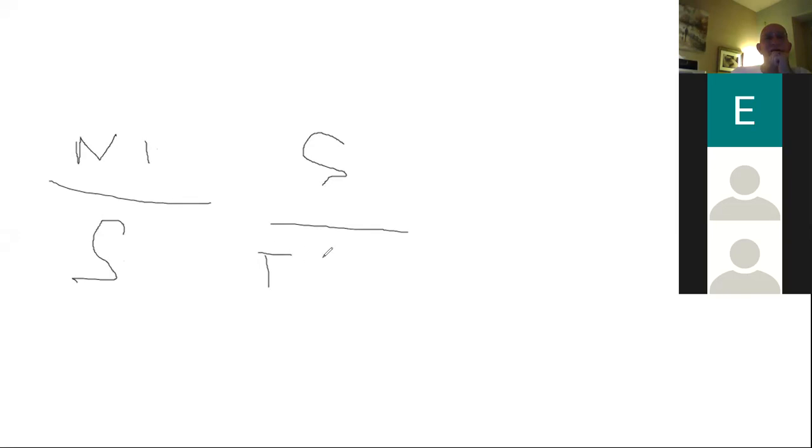Okay, so here's the DuPont formula. So it's net income over sales. Sales over total assets. You can see me drawing on the whiteboard, right?